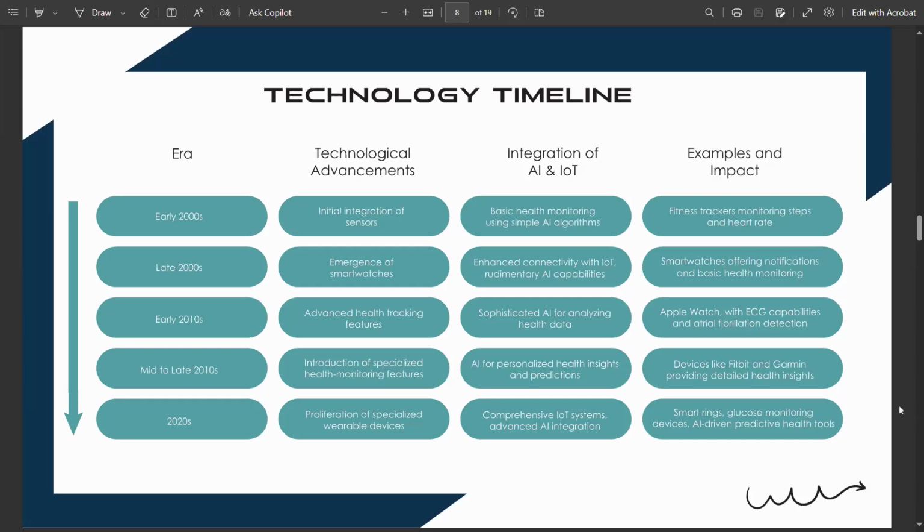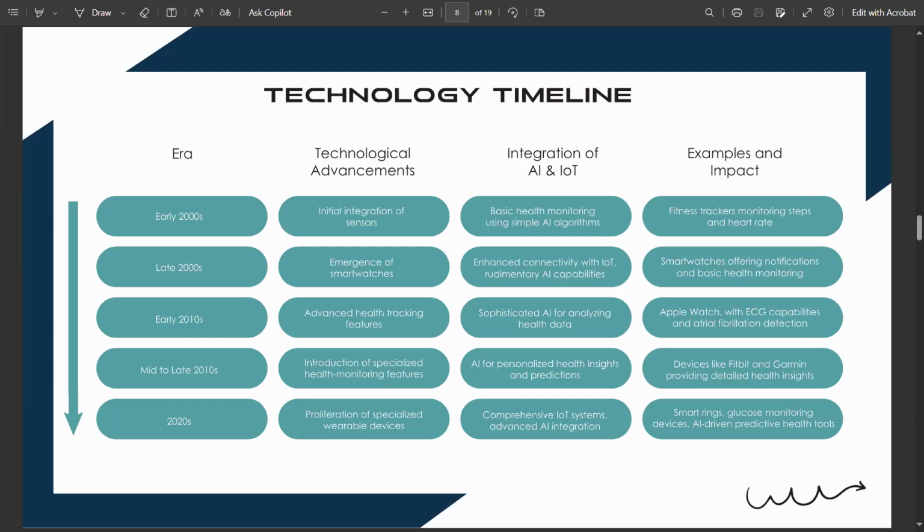And in 2020 and after 2020, we have the proliferation of specialized wearable devices. Now the market saw an increase in specialized devices such as smart rings and health focused wearables that monitor everything from blood glucose levels to neurological activities. When I say blood glucose levels, this is not just limited to diabetic patients.